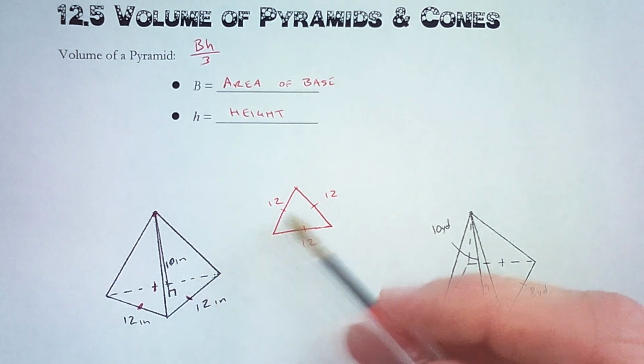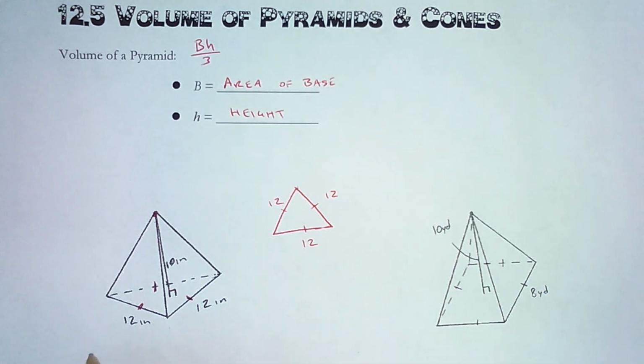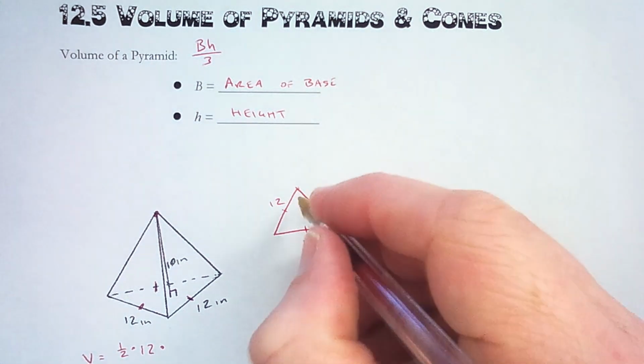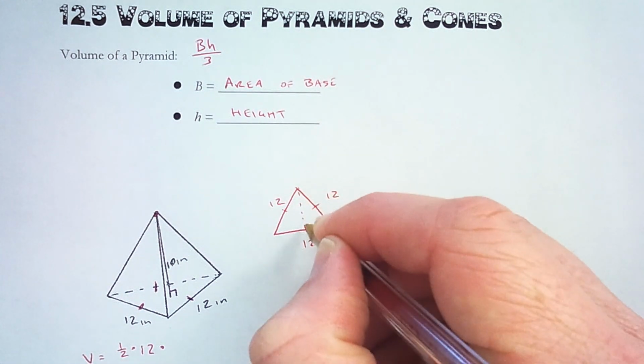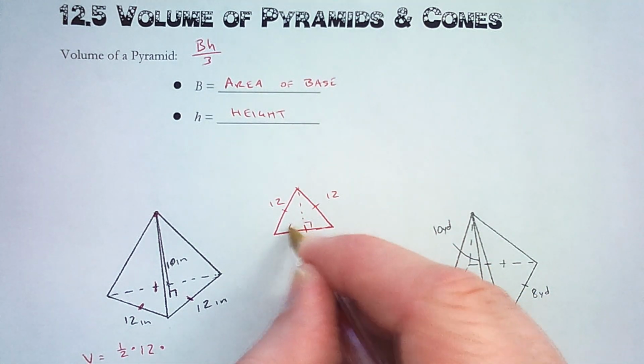Now in order to find the area of a triangle, we use half times base times height of the triangle. So the volume is half times the base of the triangle, which is 12, times the height of the triangle, which I don't know right now. So I'm going to draw in the height of the triangle, and that gives me right here a 6.